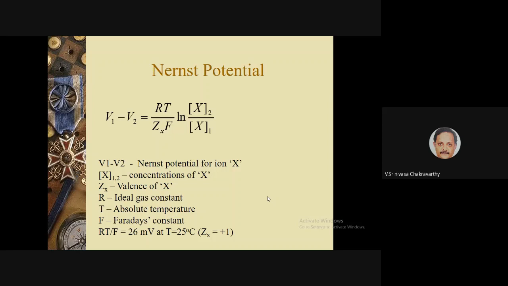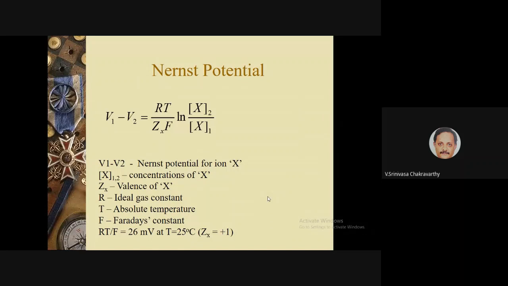So here it is ln of X2 by X1 times RT by ZxF. R is the ideal gas constant, T is absolute temperature, Z is the valence of the ion that we are talking about. If it is potassium, it is +1. If it is chloride, it is -1. Then F is Faraday's constant.